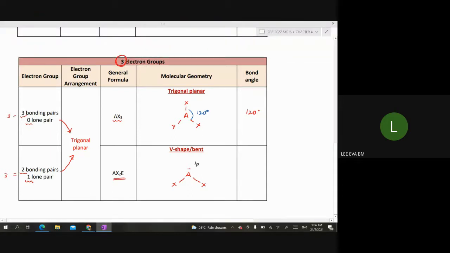So this is lone pair, this is bonding pair. Lone pair bonding pair repulsion is greater than bonding pair repulsion. So now we are applying your VSEPR Theory.